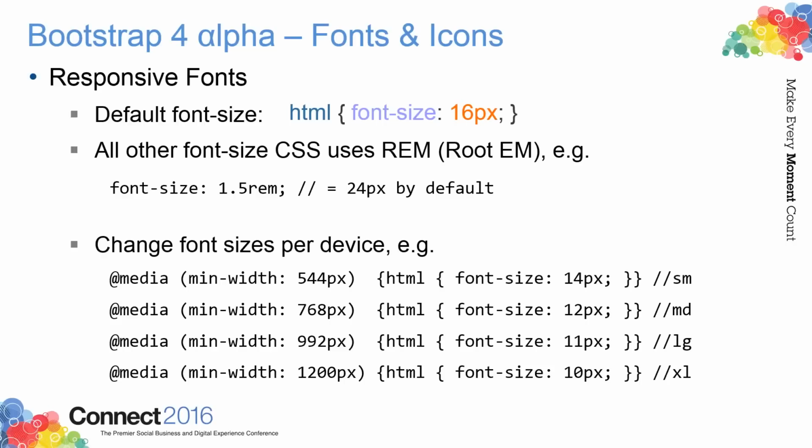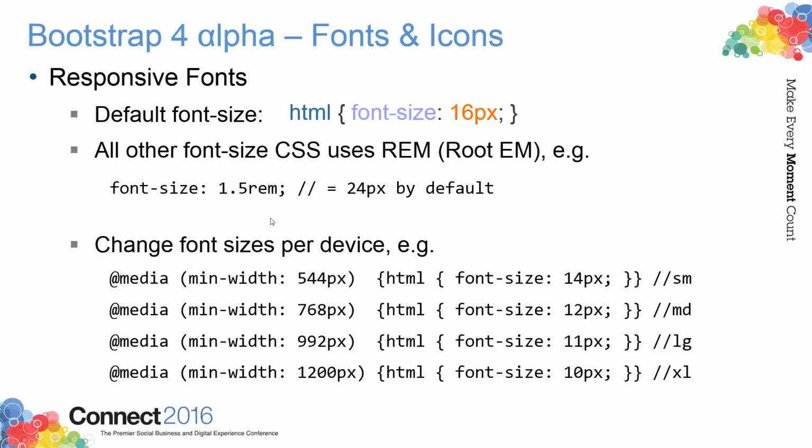So this is a relative size for a font in relation to that root font size. By default, as I said, it's 16 pixels on the root. Therefore, if you specify 1.5 rem, you get 24 pixels, 1.5 times 16 pixels. If you specify 2, you'll get 32, and so on and so forth.